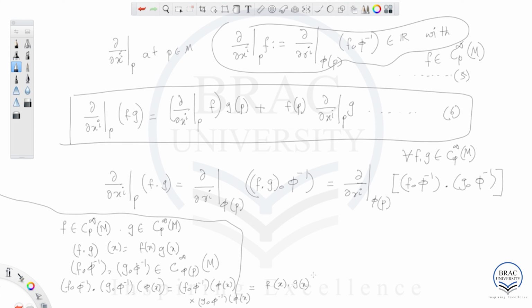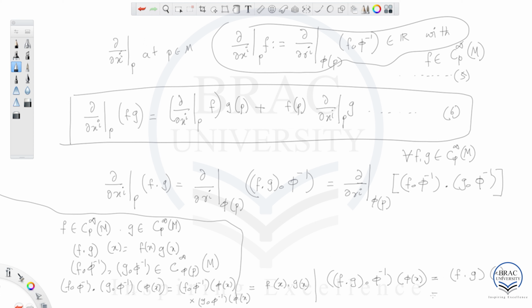On the other hand, if we take f times g composed with φ inverse and try to evaluate it at the point φ(x), we see that this is equal to f times g evaluated at x, right?